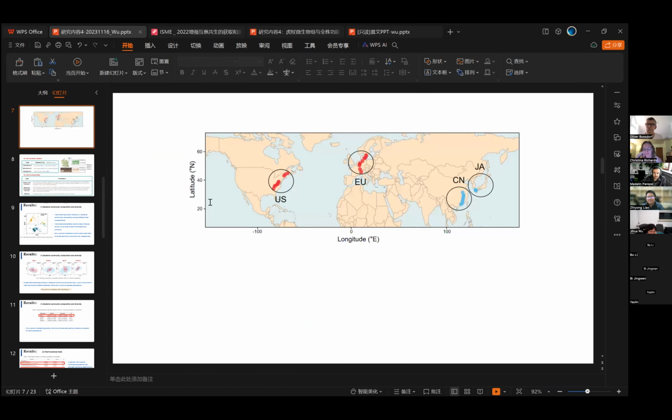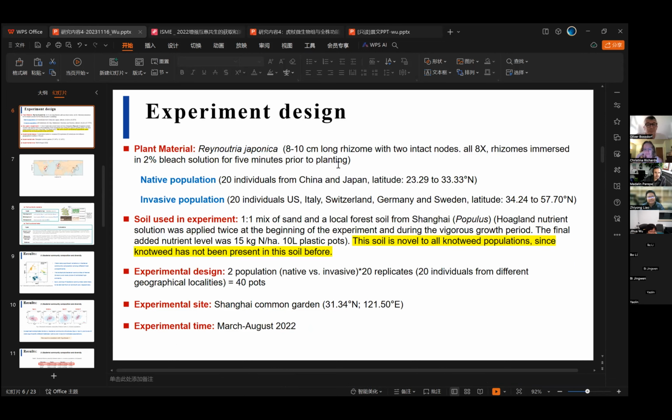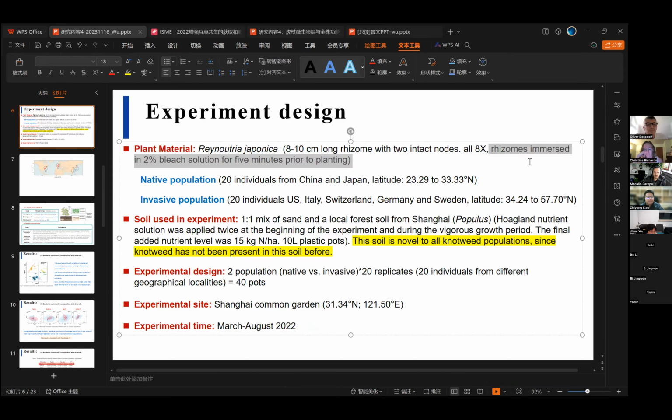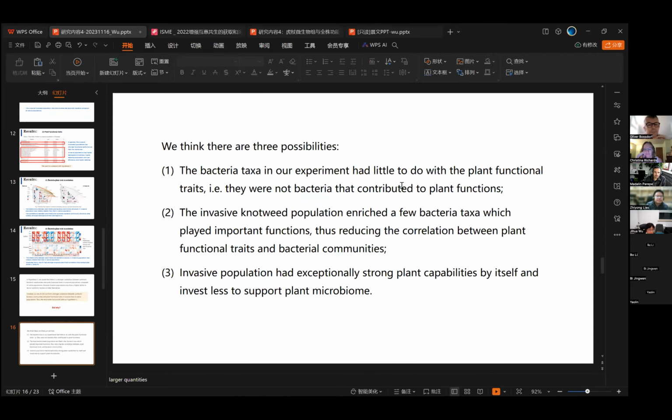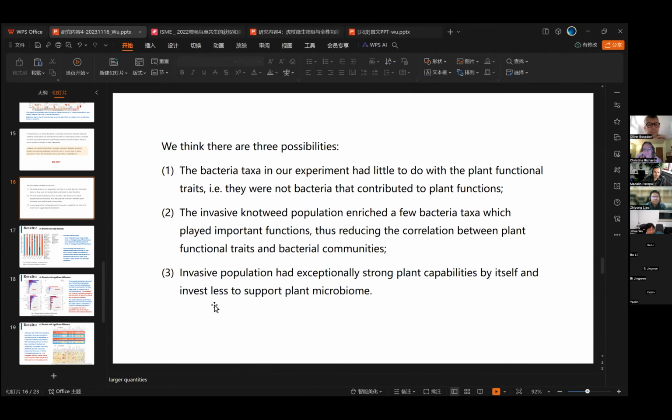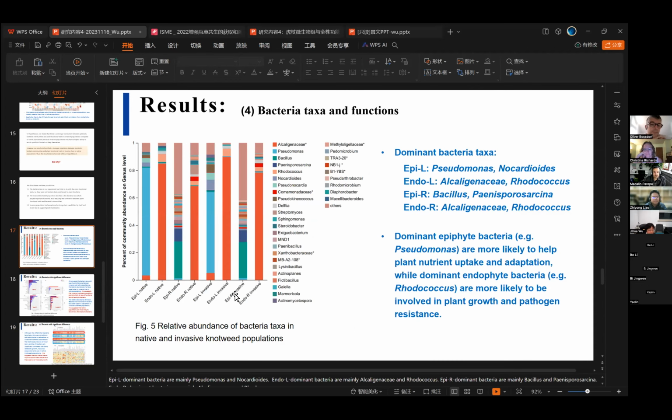Mm-hmm. And before we use that, we have to. Yeah, but maybe some endophyte bacteria can survive. Yeah. It's maybe, but it's really different for the, you can see the endo and the epiphyte.